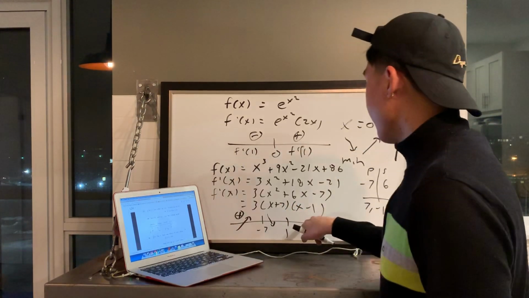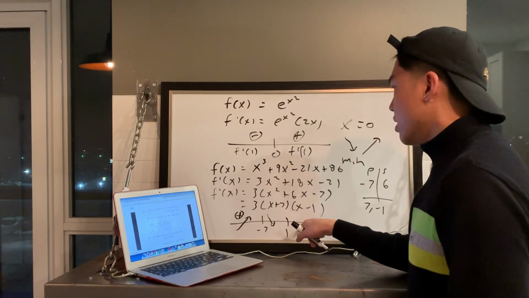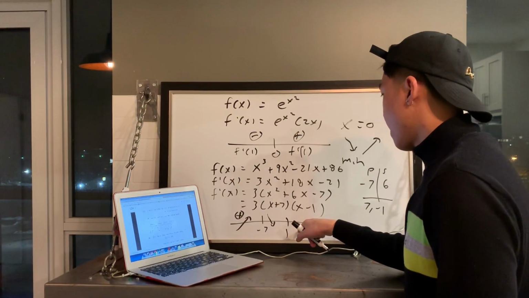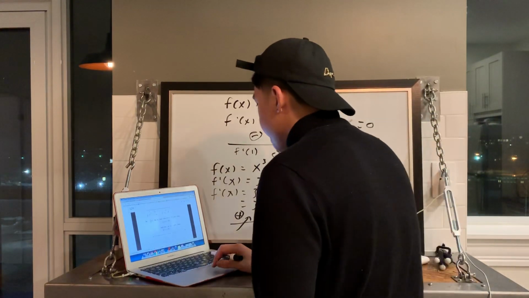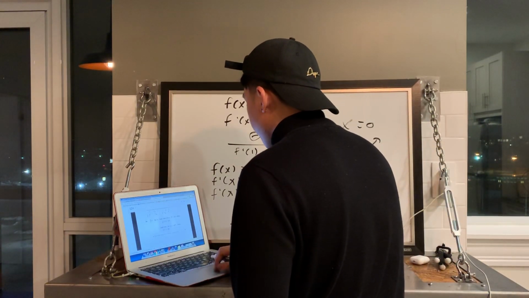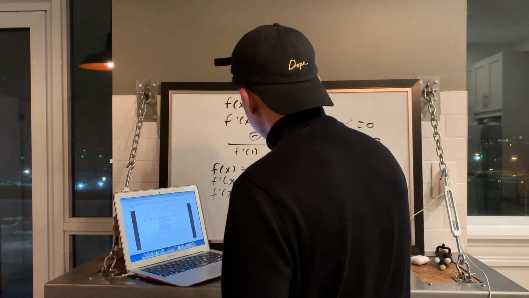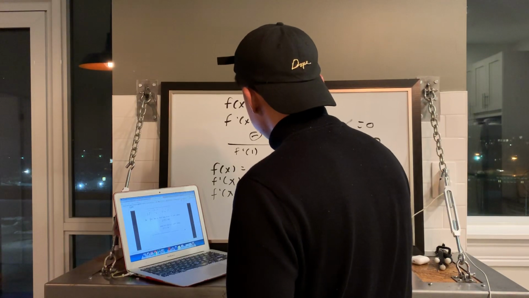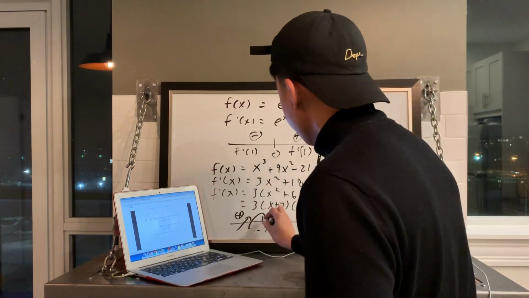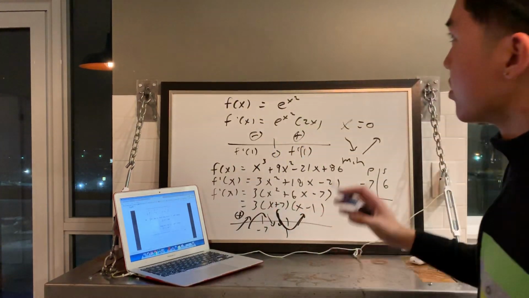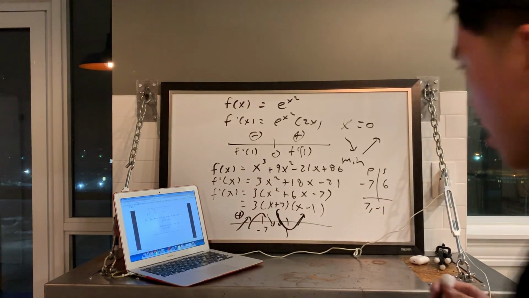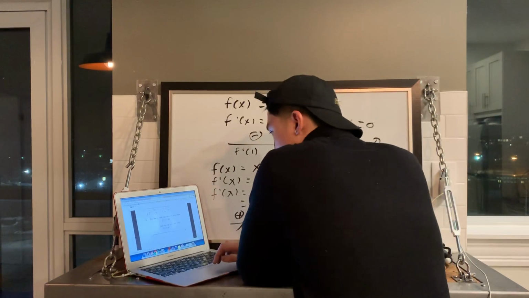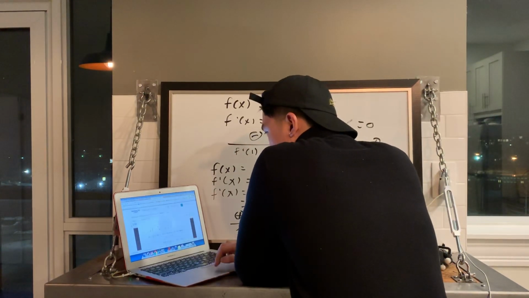And then something to the right of 1, like 10, would be positive. So there's a local max at x equals -7 and a local min at x equals 1. That was fun.